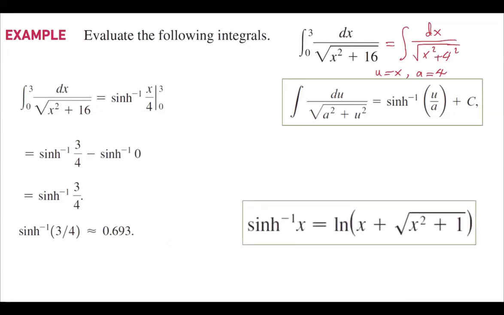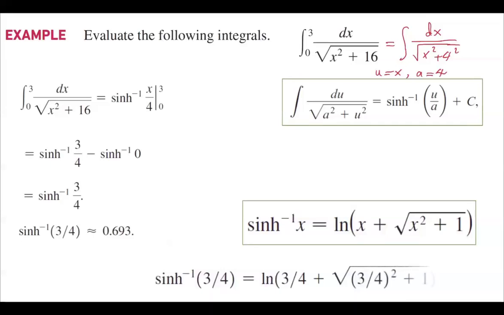Remember that last time we proved that inverse hyperbolic sine of x can be written as ln of x plus square root of x squared plus 1. So let's plug those in. Inverse hyperbolic sine of 3/4 can be written as ln of 3/4 plus square root of 3/4 to the second power plus 1. Well, this is nothing but ln of 2.